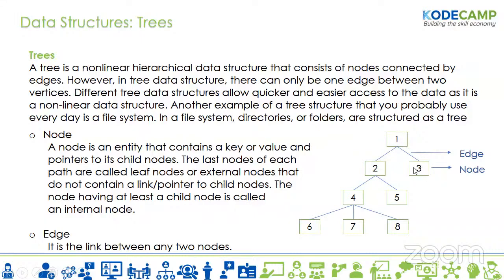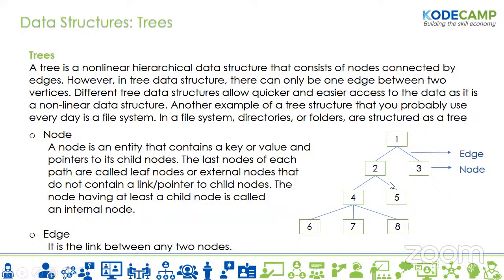There is a more complex non-linear data structure, not really hierarchical but somewhat similar, called a graph. When we get to GraphQL, towards the end of this program, you get to see it in detail. There you can have multiple edges connecting two nodes.